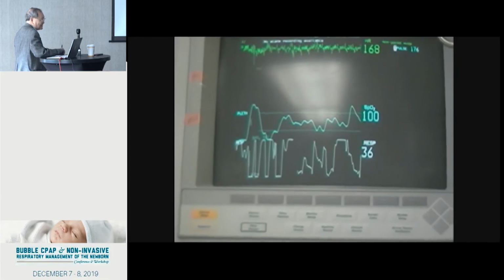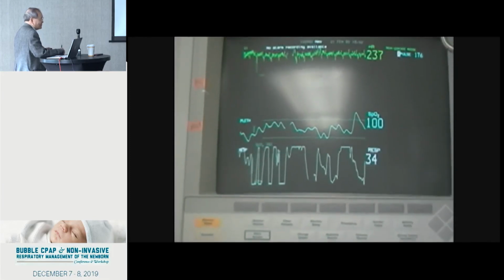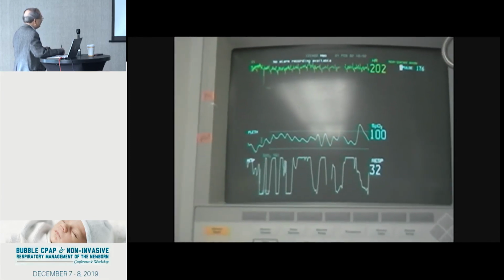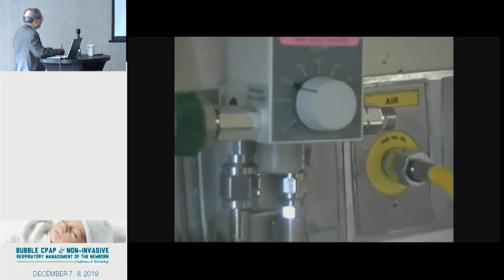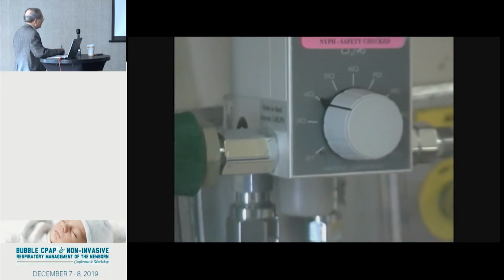So the fellow is discussing what APGAR score they want to put. So the ultrasound, so you can decrease, 50% you can decrease the FiO2, the O2 sat is high.